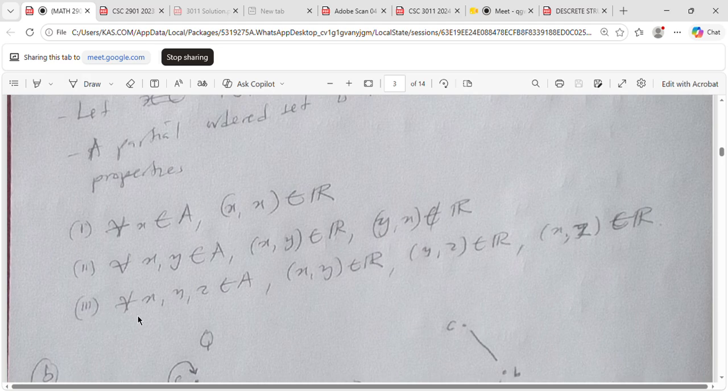I hope you can see that. So x, y, and z are elements or members of that set A. Then x and y are related, y and z are related, then x, z are related. What property is that?